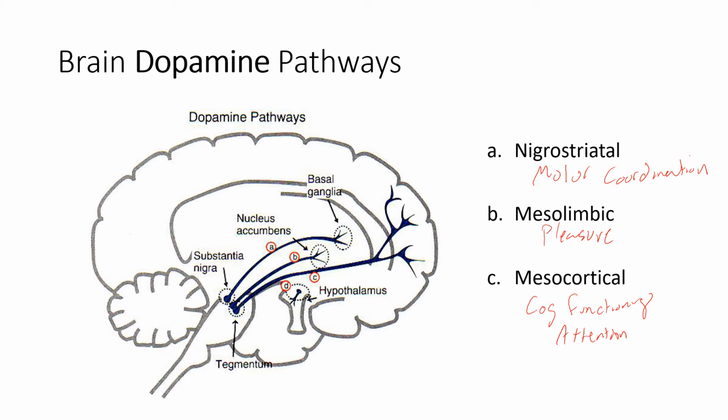So these three major dopamine pathways, one's for motor coordination, one's for pleasure, and one's for cognitive functioning and attention. So you can see some of the things that come with various different dopamine drugs. They can increase pleasure, they can possibly relate to motor coordination, and they can relate to cognitive functioning and attention.